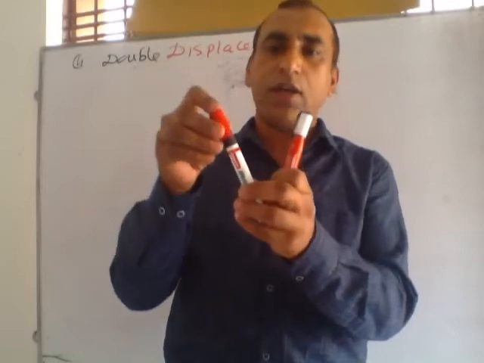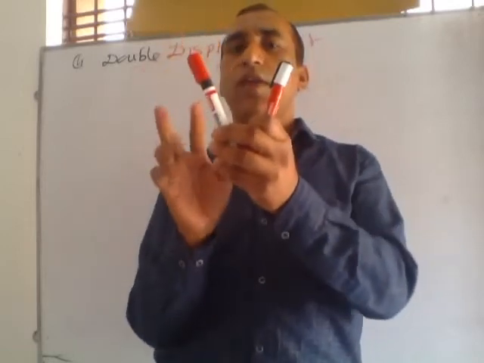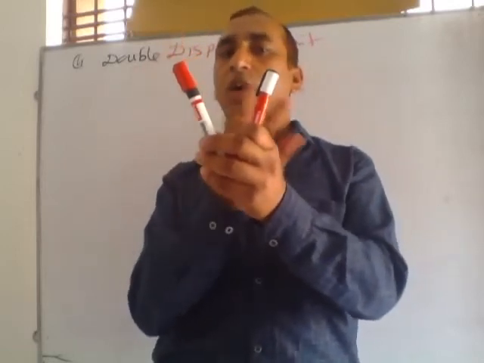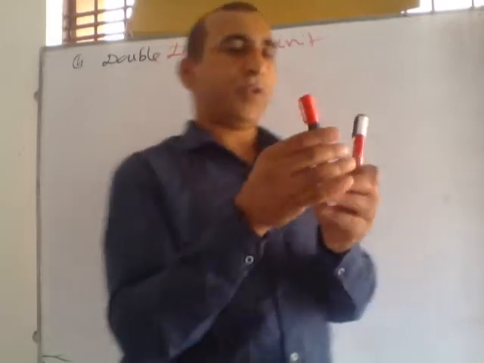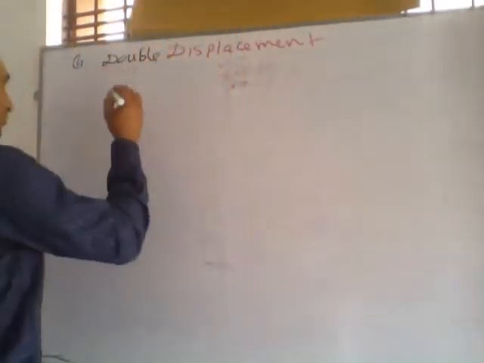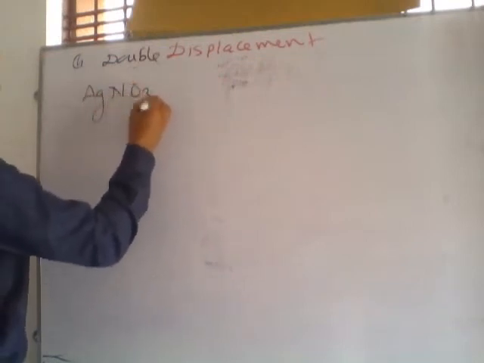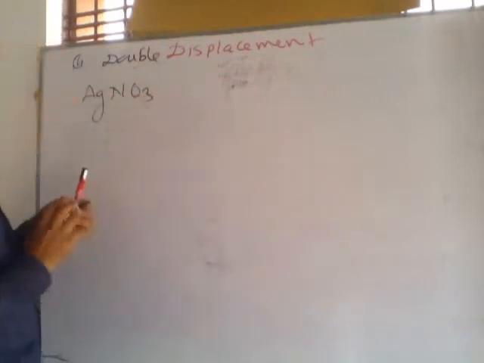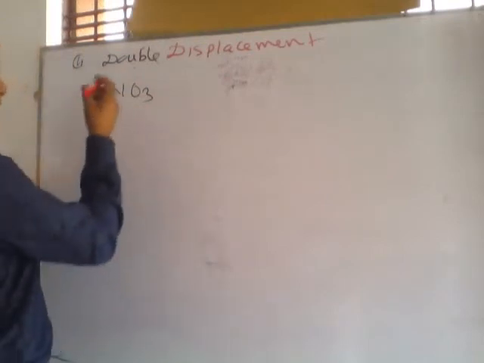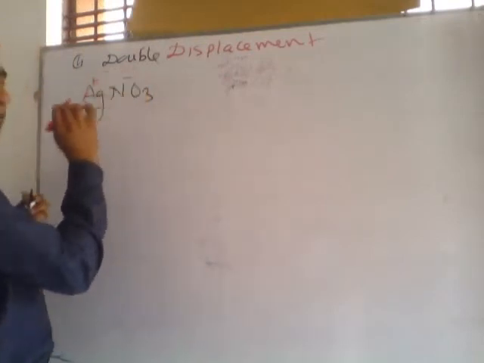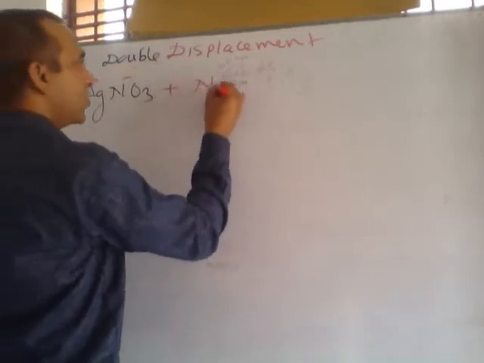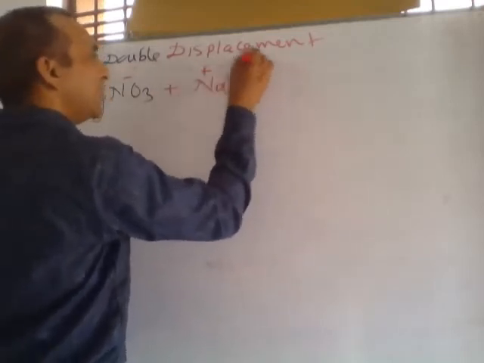You can observe there are two pens, and we are exchanging the ions of these two compounds. Observe. Suppose, listen, this is silver nitrate. This is a salt. It has silver plus, nitrate minus. Another, this is sodium chloride. This is plus and this is minus.